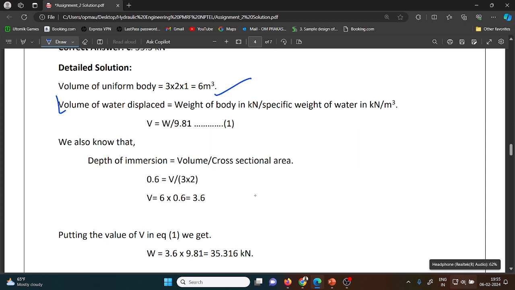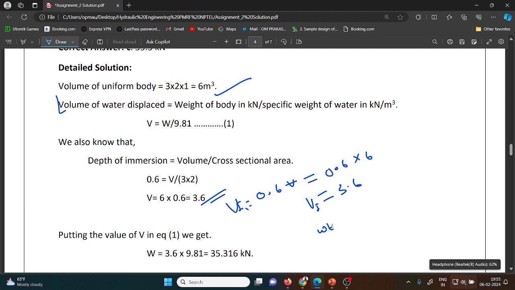So the immersed volume is 0.6 into 6, that is 3.6 meter cube, right? Are you getting this? So the immersed volume is this much, and it is asking about the weight.